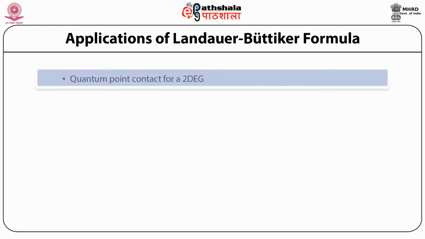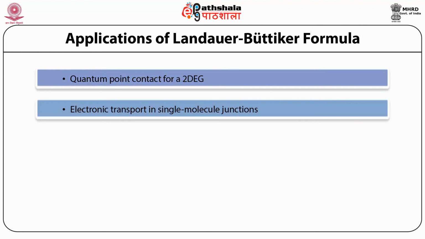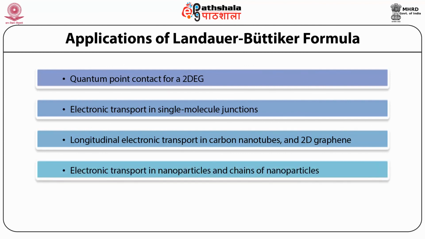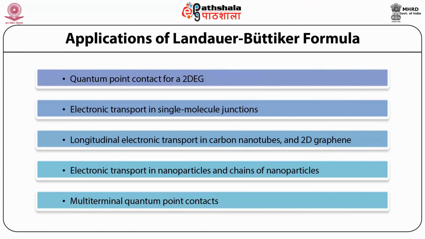First is the quantum point contact for a 2-degree electronic transport in single molecule junctions, longitudinal electronic transport in carbon nanotubes and 2D graphene, electronic transport in nanoparticles and chains of nanoparticles, and the last one is multi-terminal quantum point contacts.